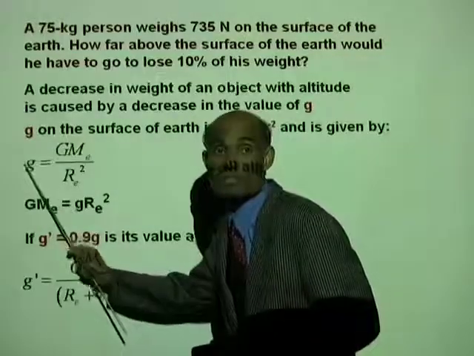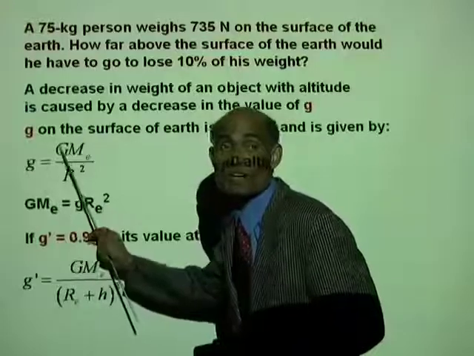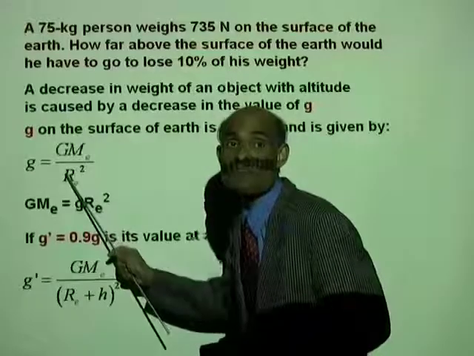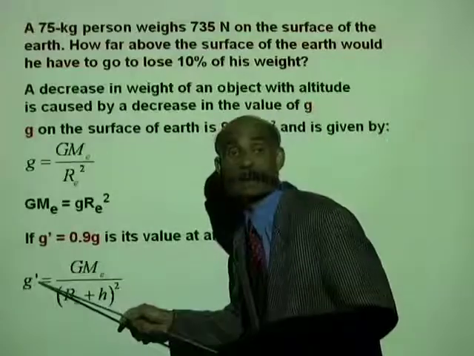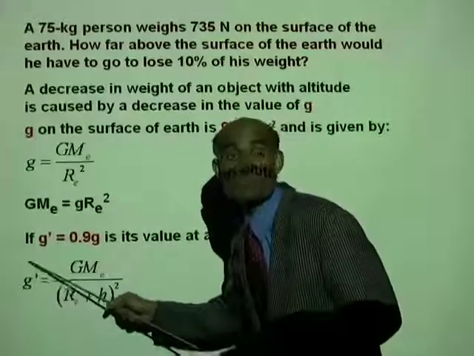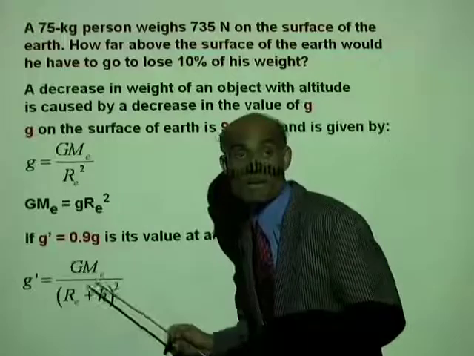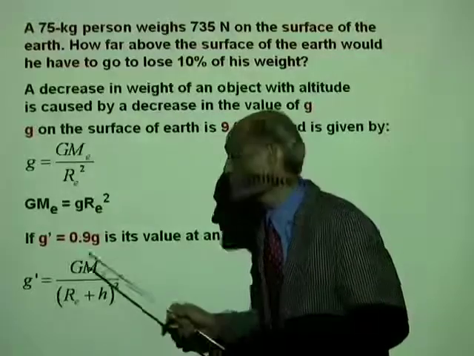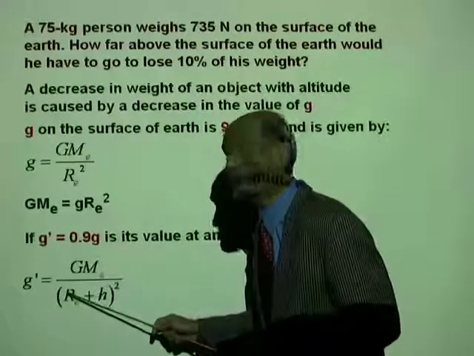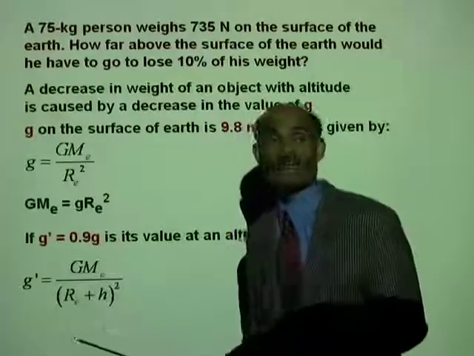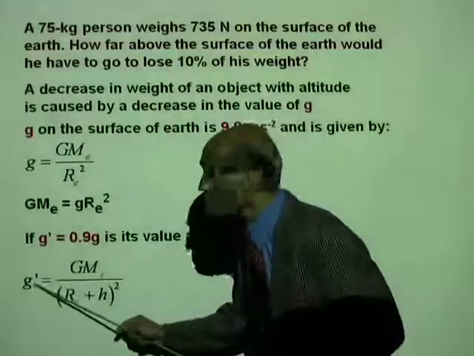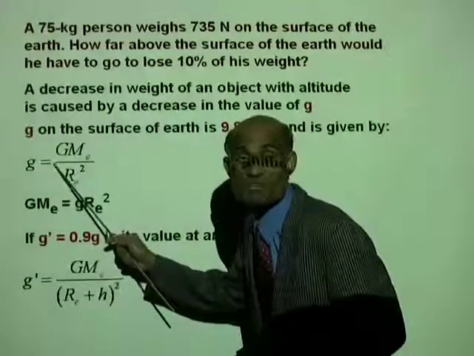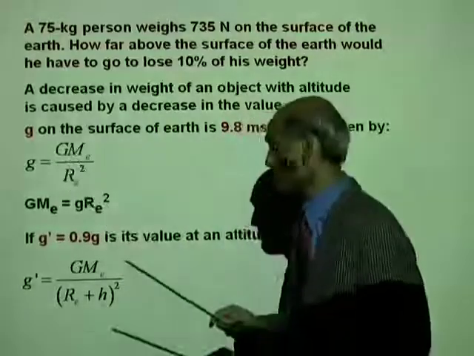The value of g on the surface of the earth is GME divided by Re squared, and the value of g, which we call now g prime, at an altitude h is GME divided by Re plus h all squared. And this g prime is 90% of this g.